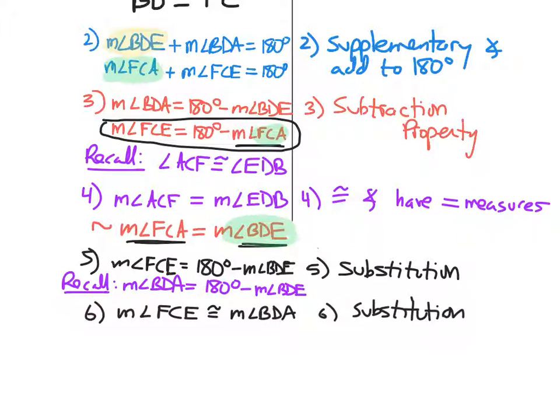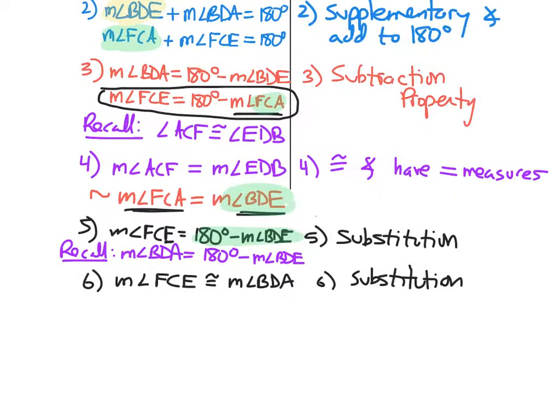And that's happening because I know that angle FCE is equivalent to this. Angle BDA is equivalent to this. That is not a highlighter. It's equivalent to this. And those two things happen to be the same.